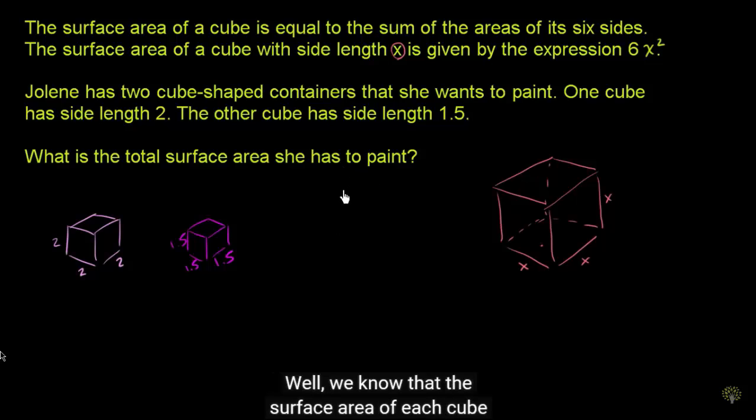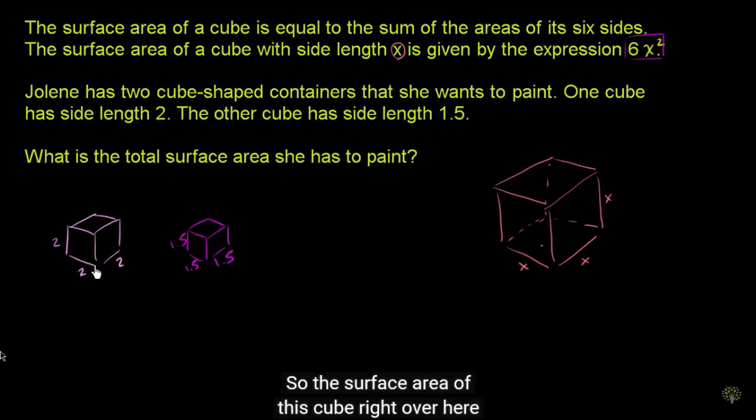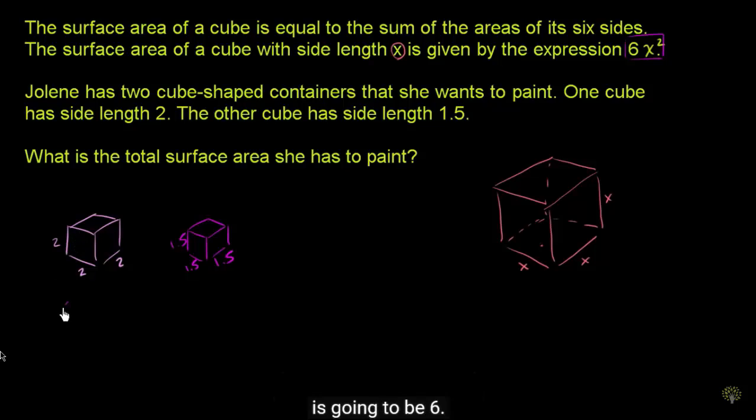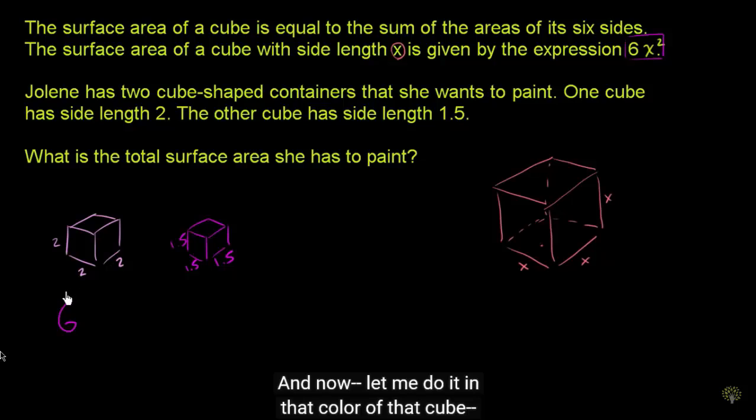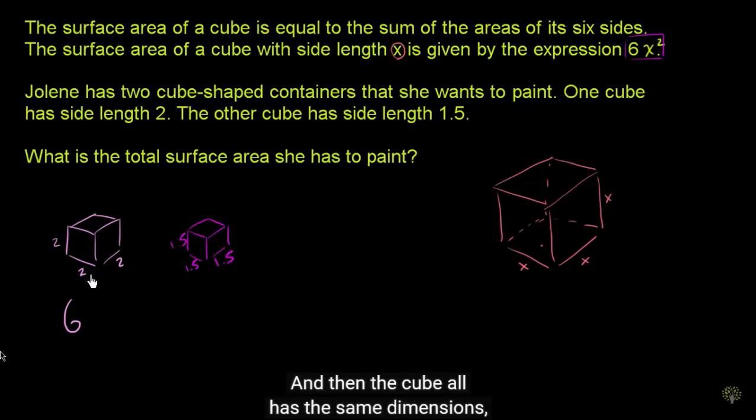Well, we know that the surface area of each cube is going to be 6x squared, where x is the dimension of that cube. The cube has the same dimensions, its length, width, and depth are all the same.